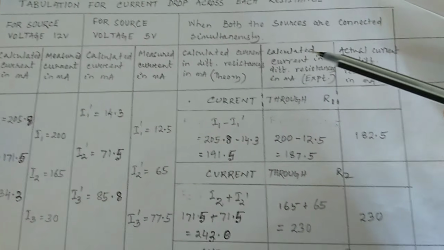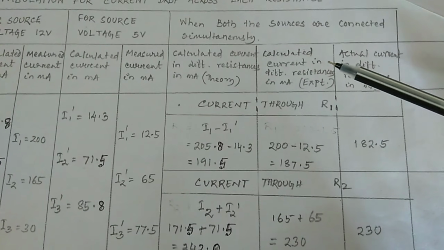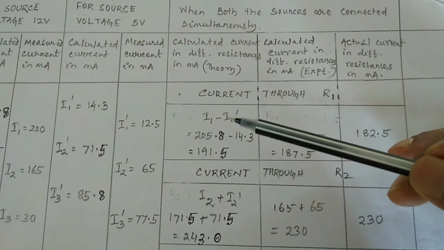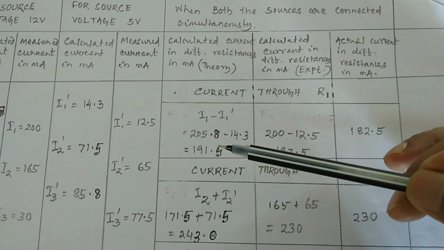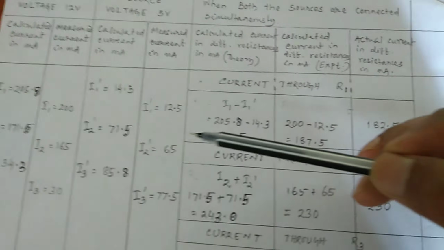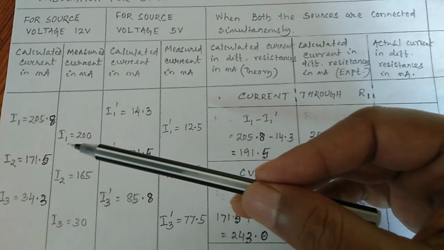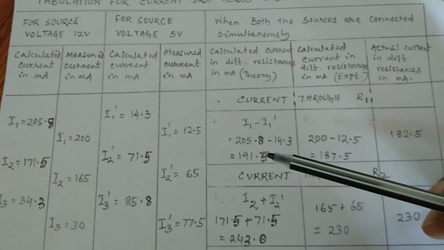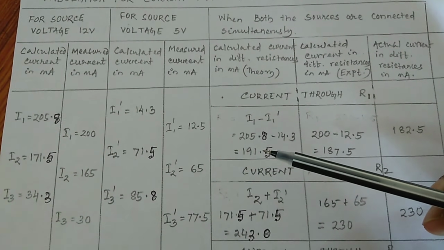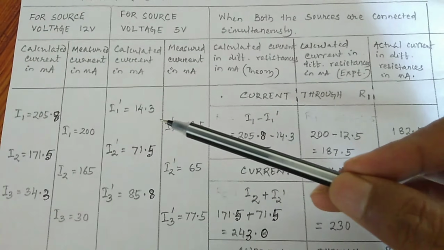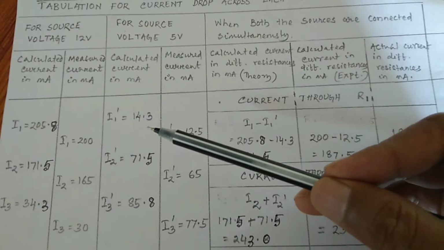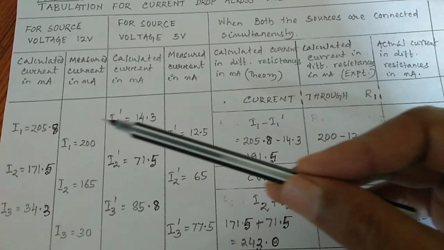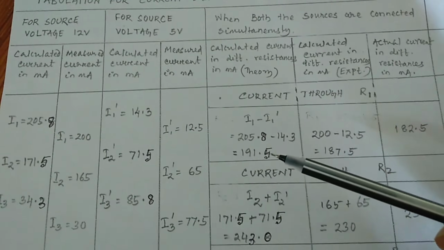And according to the superposition theorem, if you connect both the sources simultaneously, that is the 5 volt source and the 12 volt source, then what will be the current? The current through R1 should be I1 minus I1 dash, and through R2 it is I2 plus I2 dash.